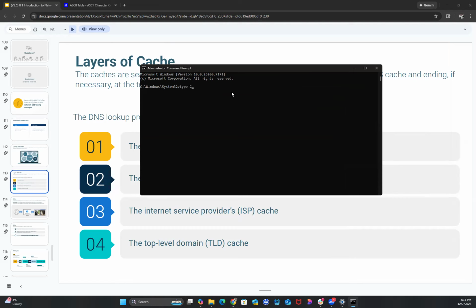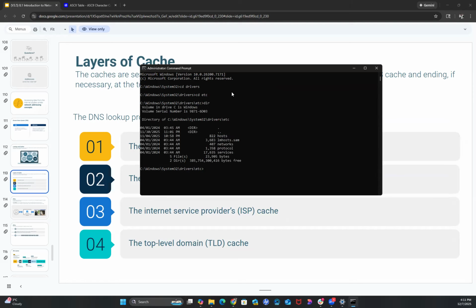Type C, Windows, System32, then drivers, then etc. Here is the hosts file.